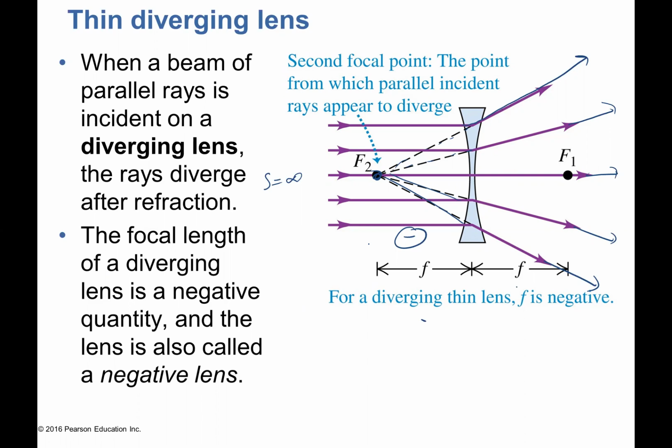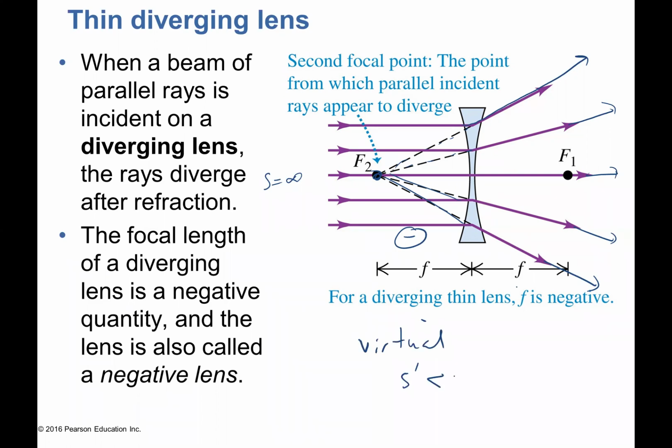The image is generated by virtual light, so we trace them virtually back. Because it's in front of the lens, it's going to be virtual.